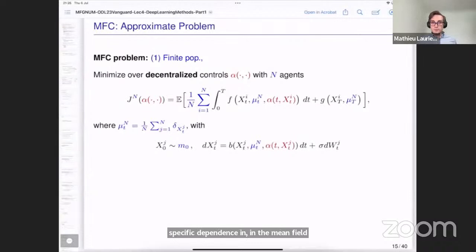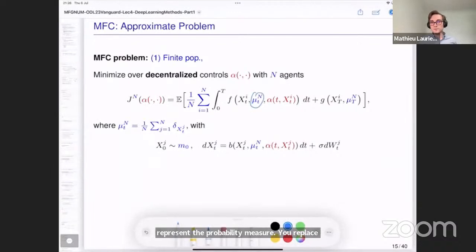So the first step will be here to replace the mu by an empirical distribution. This is probably the simplest thing you can do. To represent the probability measure, you replace it by n samples, right? So this is what we see here.